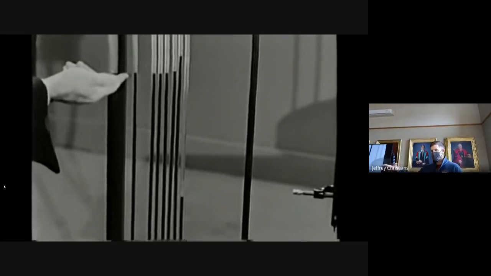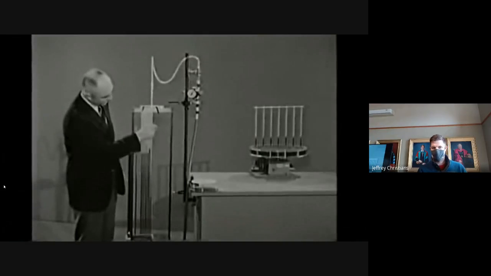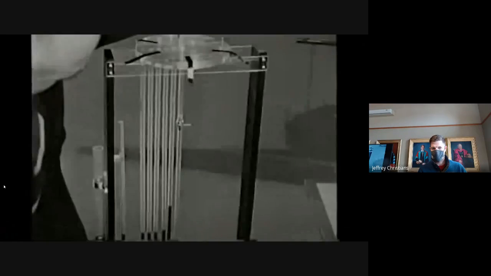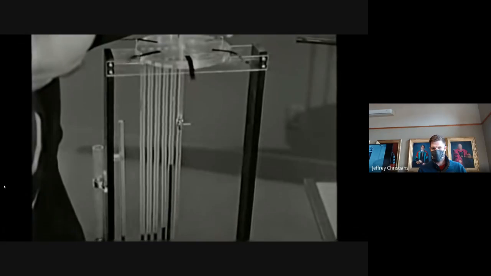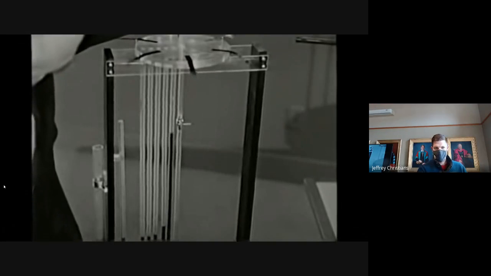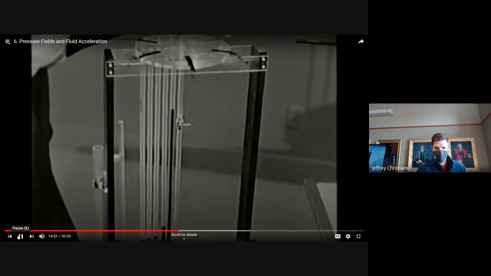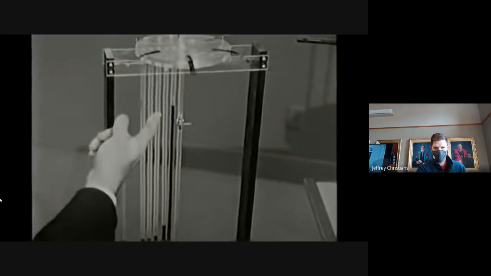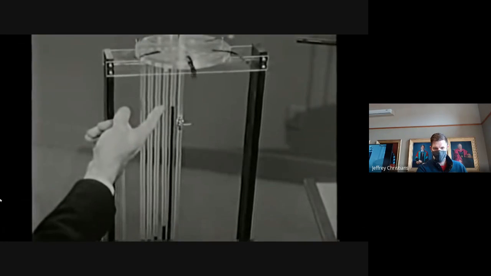So that's the stagnation pressure. When we remove the plate, it is lifting. And pressure rises to atmospheric pressure at the outer edge.